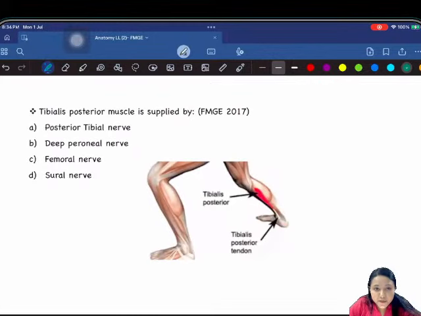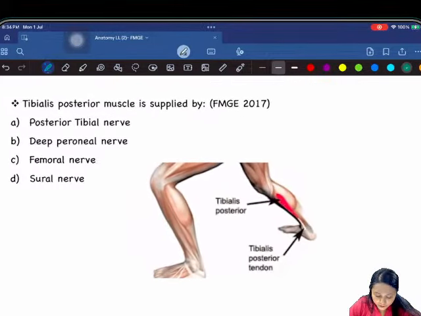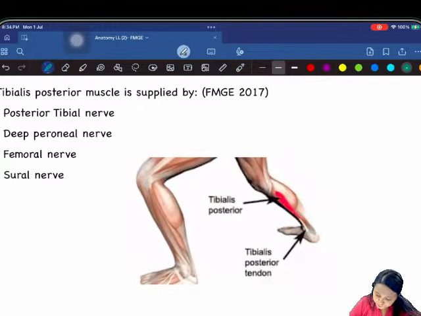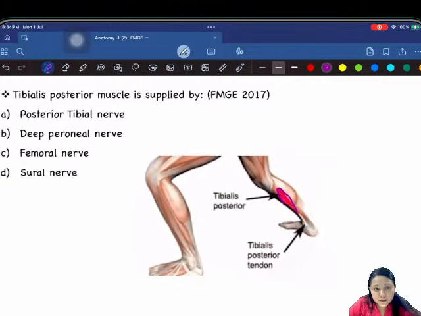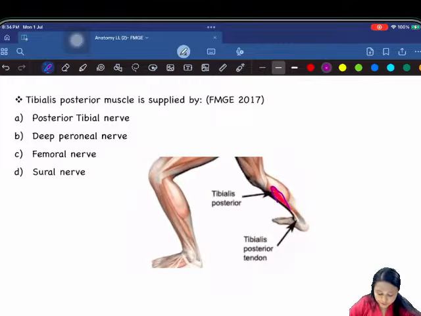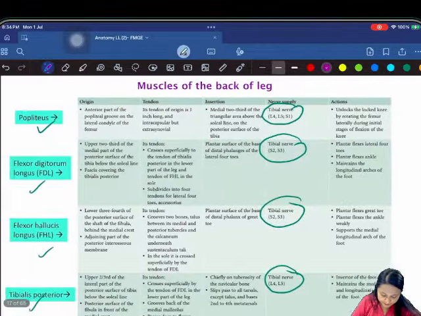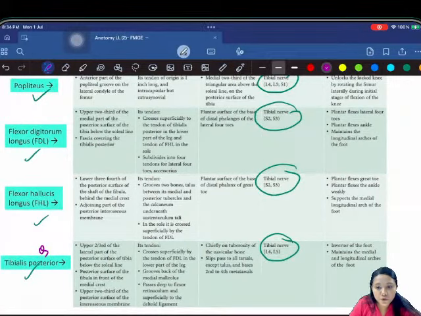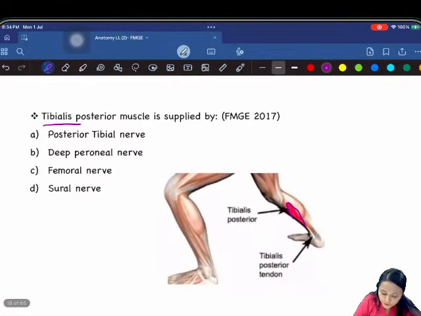Okay. Tibialis posterior is supplied by which of the following nerves? Now you know that tibialis posterior is a deep muscle. Just now we have studied that tibialis posterior is a deep group of muscle in the posterior compartment. So this is a muscle of the posterior compartment.